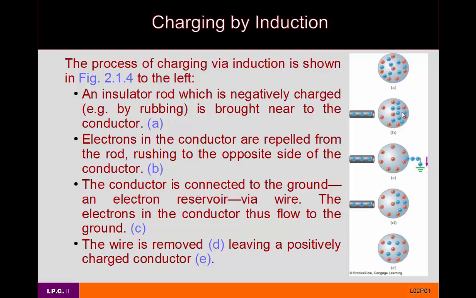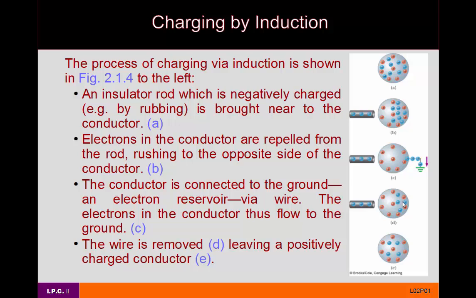So what's that going to do? Well, all these electrons are being pushed as far away from this rod as they can be. So if you attach a wire out the other end that goes to ground, the electrons will tend to flow through the wire. So then if you remove the grounding wire, you end up left with a conductor which has mostly positive charges left because a lot of the electrons have sort of left it.